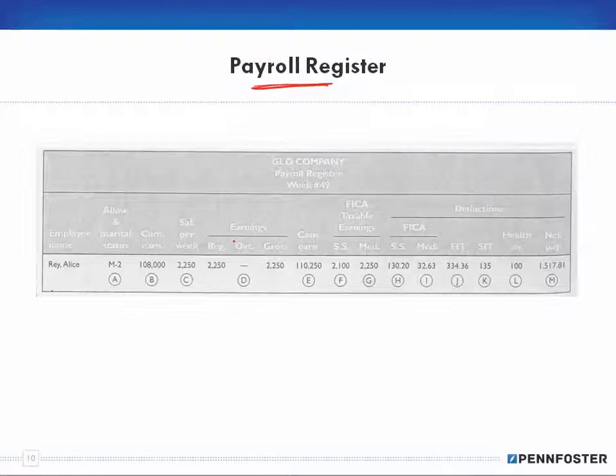Now, the payroll registers, there is no one set form, okay? They can look very different. This is the one from your textbook, okay? And you see where it says A all the way through M over here, these are just explanations of what that amount is.